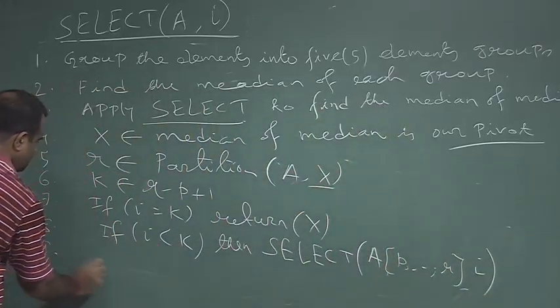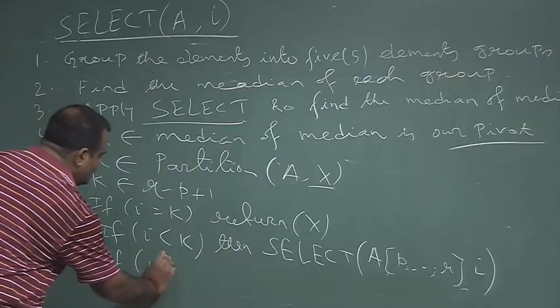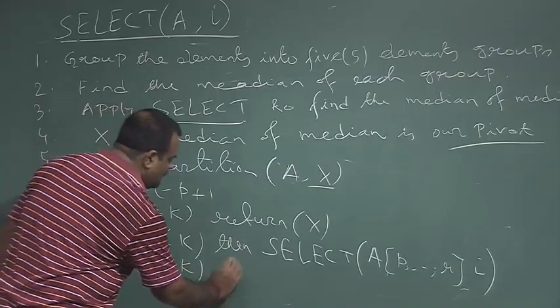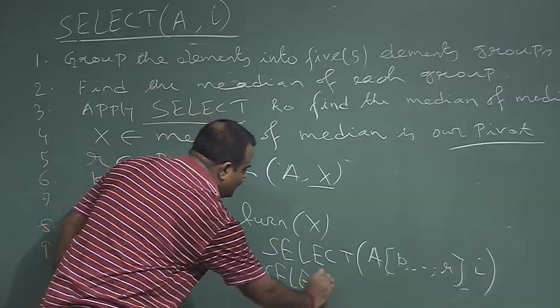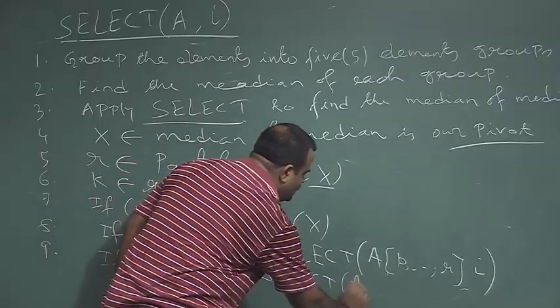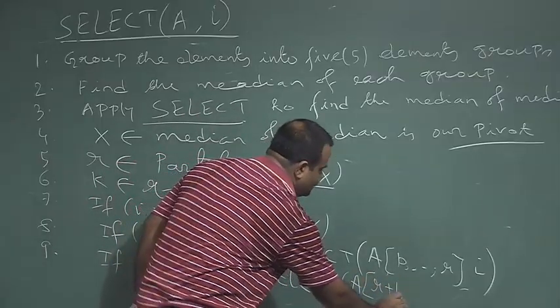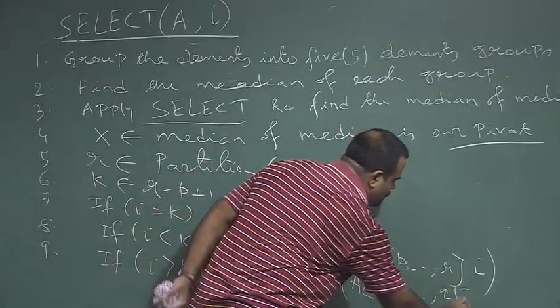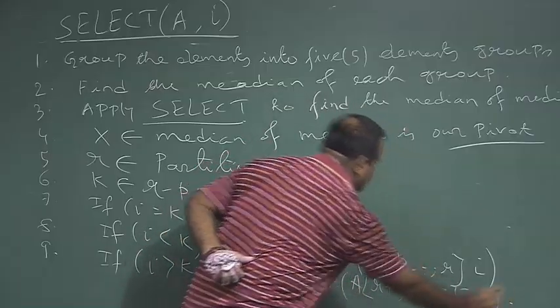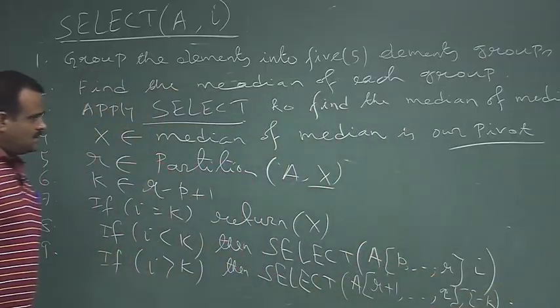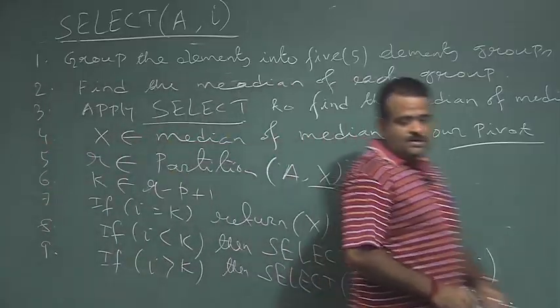Otherwise, if i is greater than k, then this is the divide and conquer approach. You have to look at the right part of the array q, but with i minus k. So, this is the code.